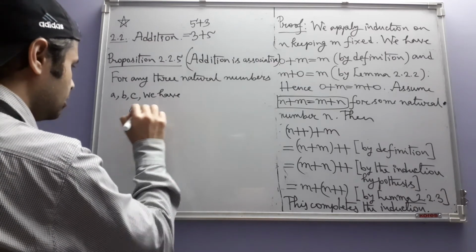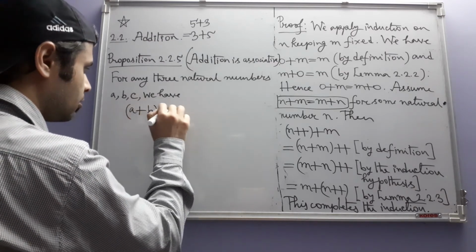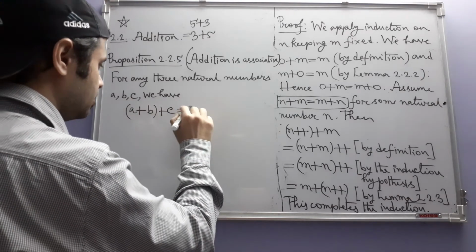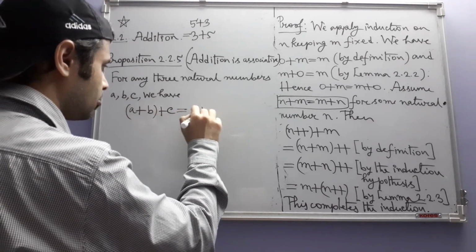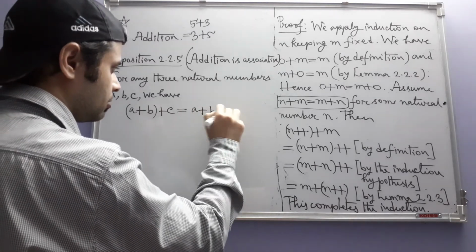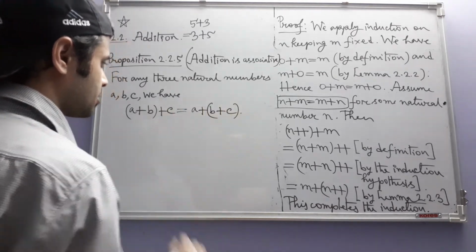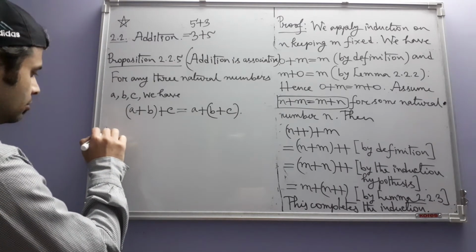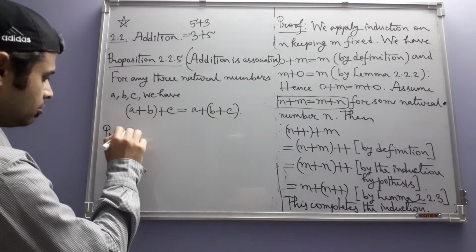I just want to see how it's written. It doesn't matter which way I write which one, but I don't want to miss the steps of the induction. So here also we prove this.